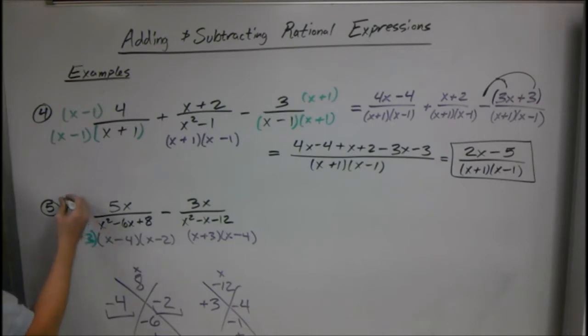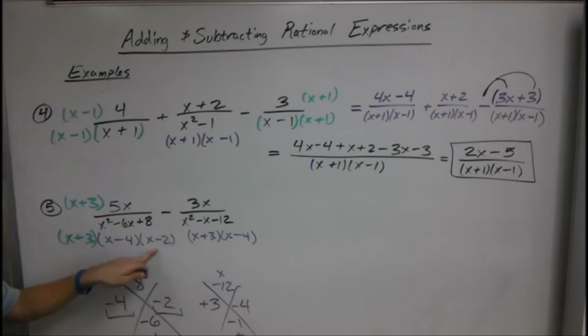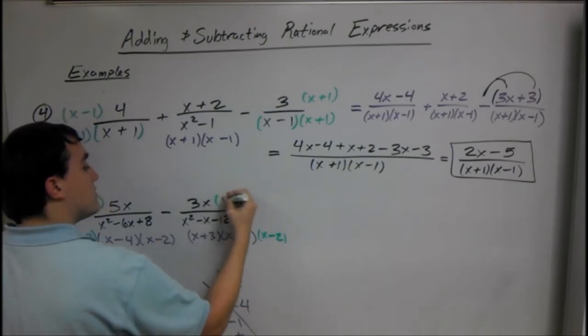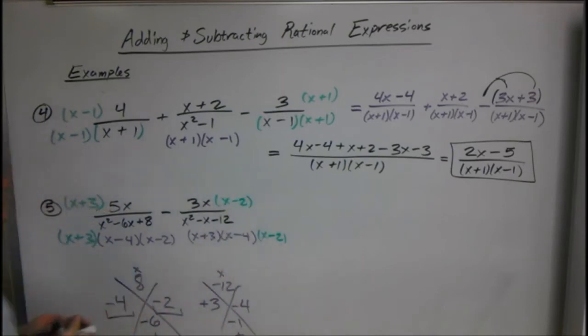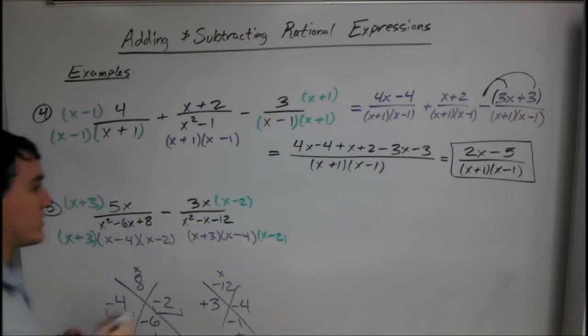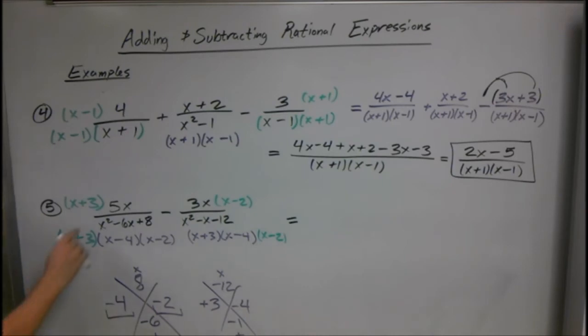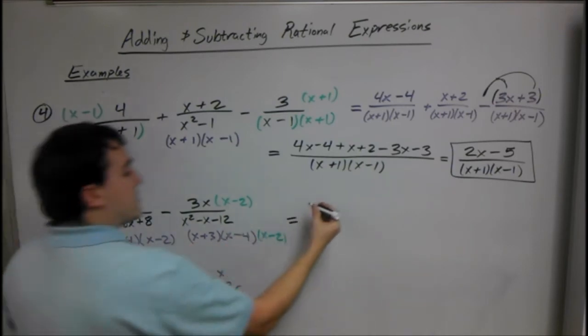Do it to the bottom, you got to do it to the top. We will be distributing the 5x. And here, we need an x minus 2. And then we can keep going. So equals 5x times x is 5x squared.